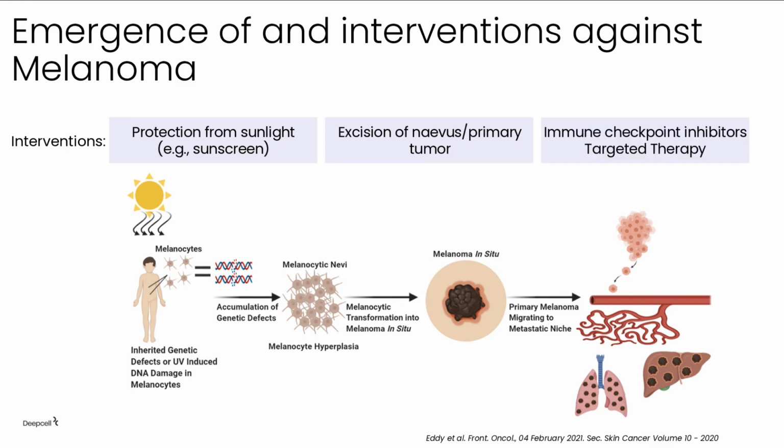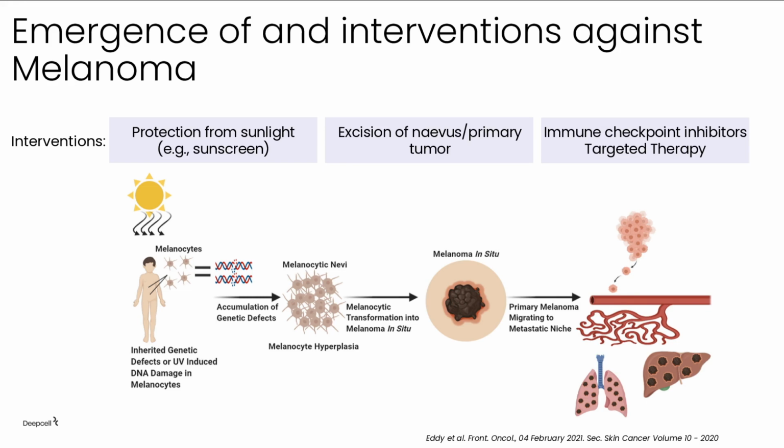At the later stage, the first-line therapy of melanoma is the use of immune checkpoint inhibitors. These immune checkpoint inhibitors basically release the brake of the immune system so that the immune system then targets the melanoma cells, which usually try to hide from the immune system.